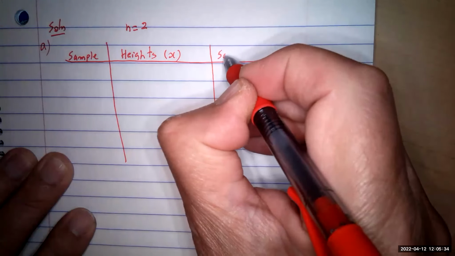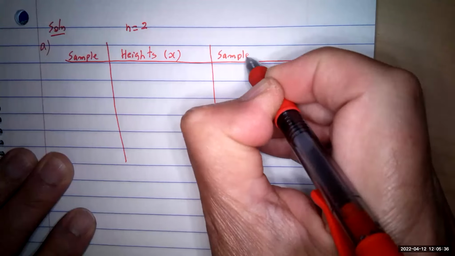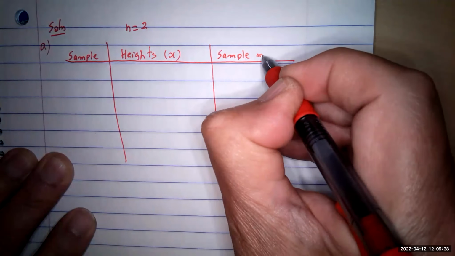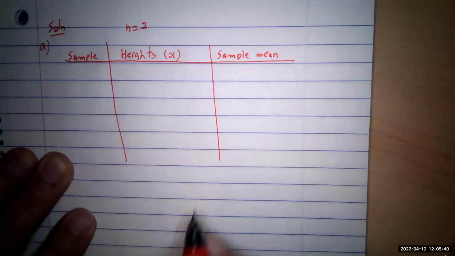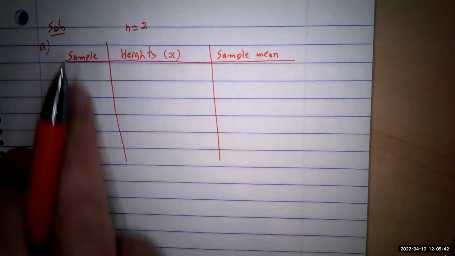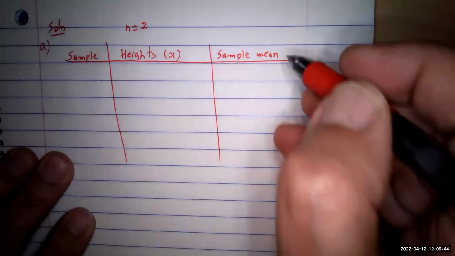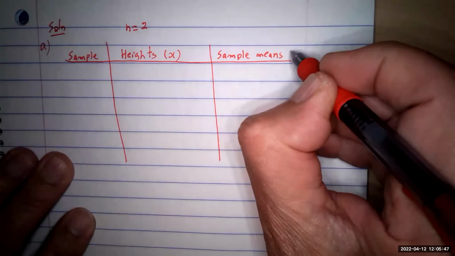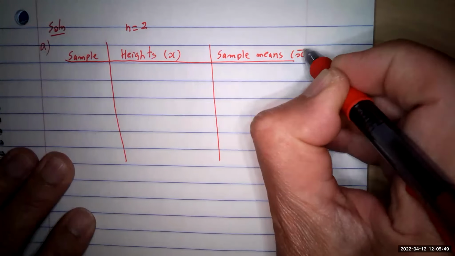So these are going to be the sample means for the various groups that I'm going to have.